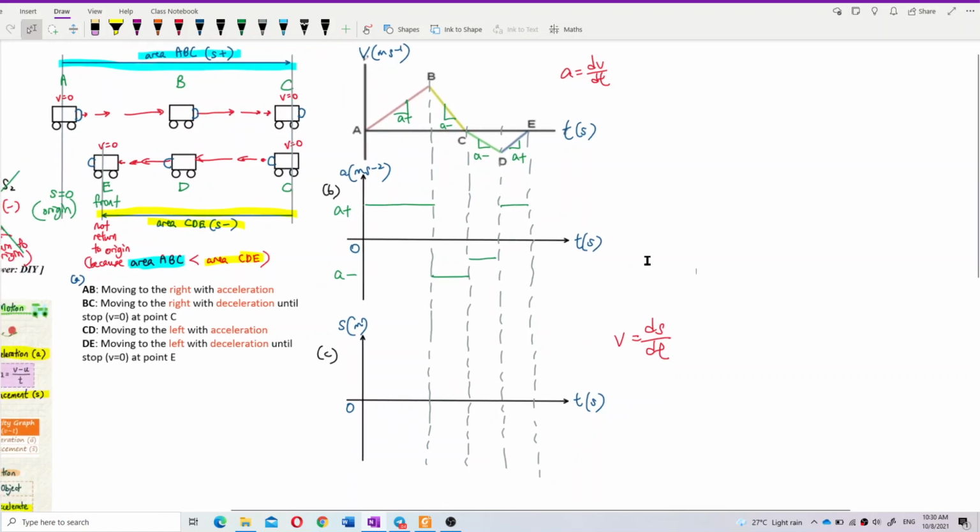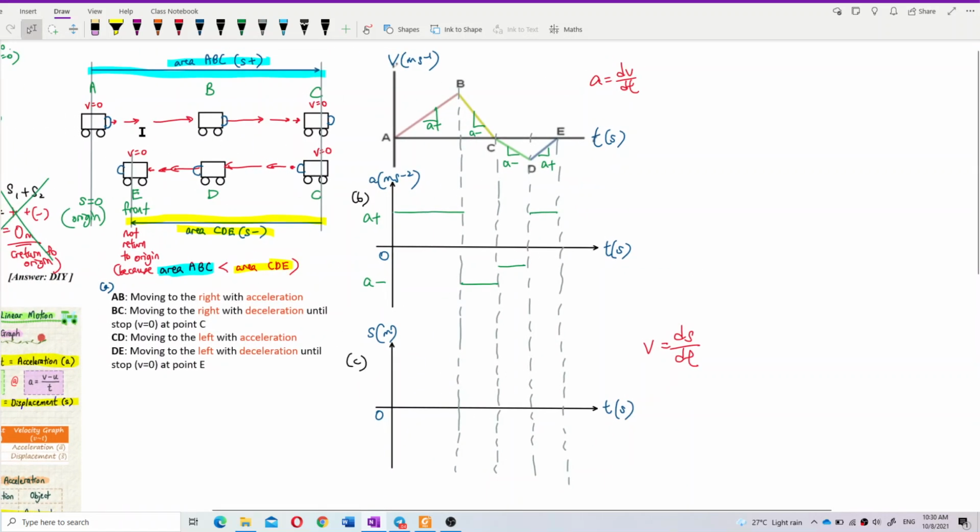You must refer to the picture also, the diagram of the motion. Look at part AB. I use this line to help me. This is point B, point C, point D, and point E. Velocity is the gradient of the displacement graph. Now AB is going in which direction?